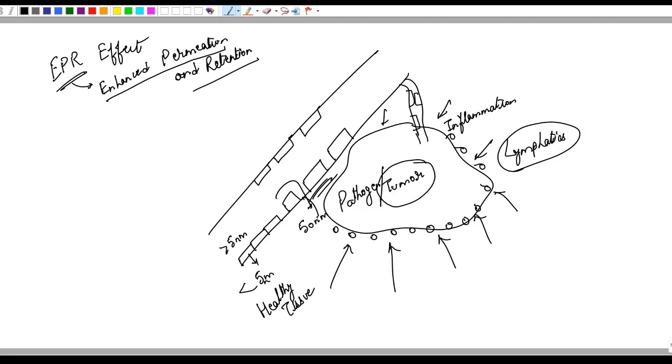So first of all, they're accumulating because the blood vessels are leaky, and so your input is increasing, and then whatever was the output of these has slowed down because the lymphatics are not good enough, and all of that compiles to form this effect, which is called enhanced permeation and retention.